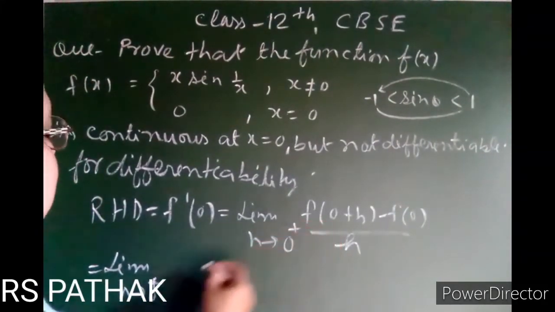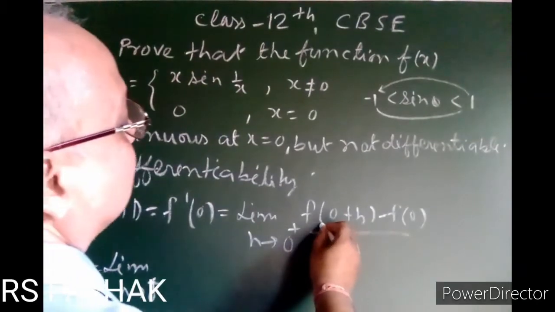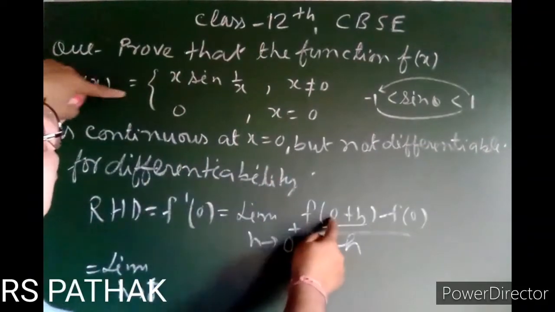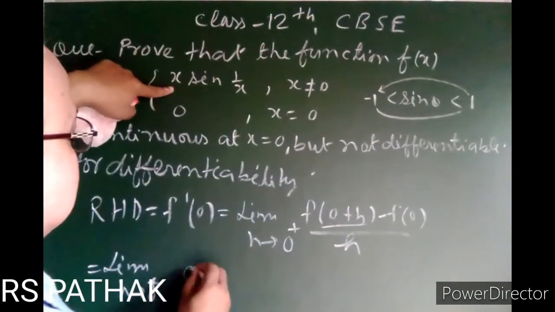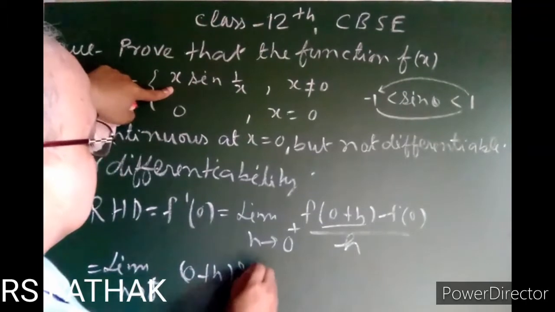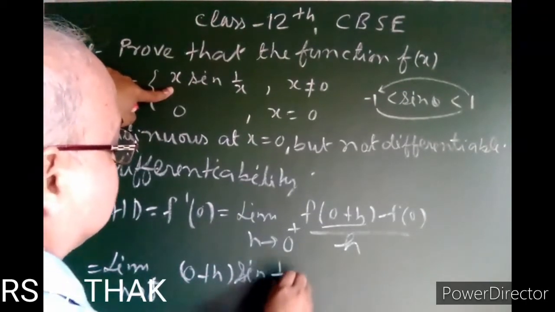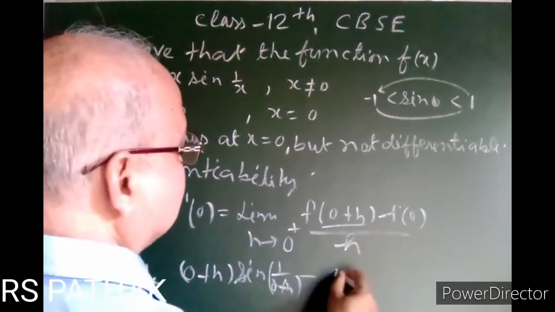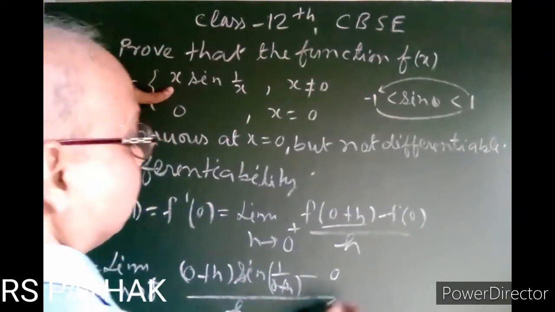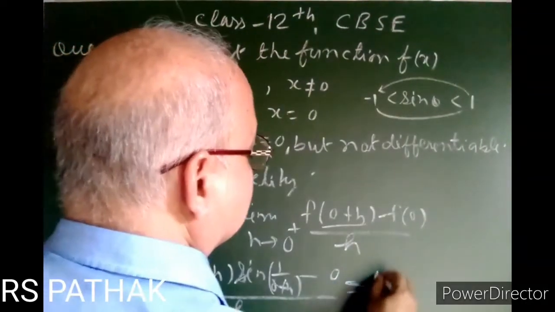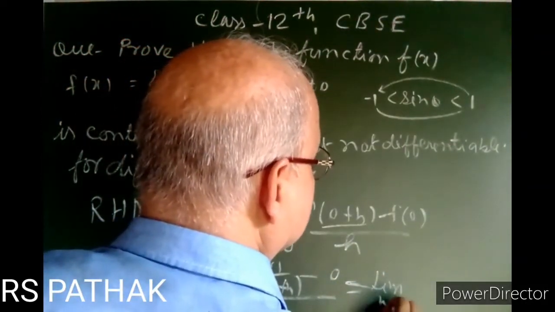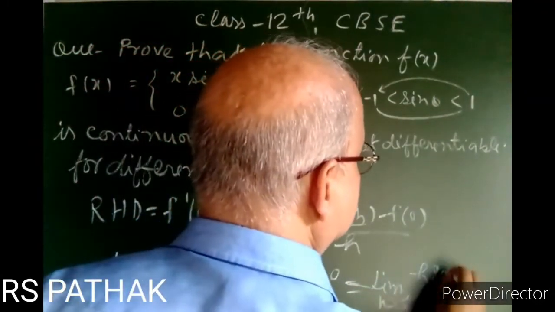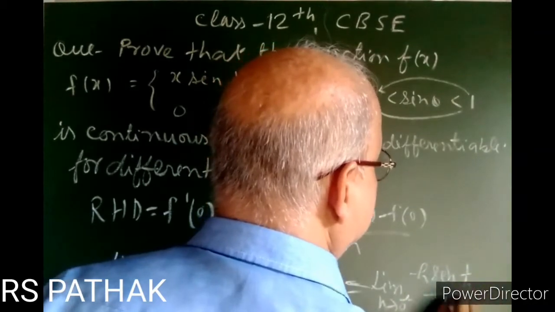f(0 + h): we will put in f in place of x as 0 + h, then (0 + h) sin 1 upon (0 + h) minus f(0), the value of f(0) being 0, upon h. Limit h tends to 0 plus of h sin(1/h) upon h, the h is cancelled.